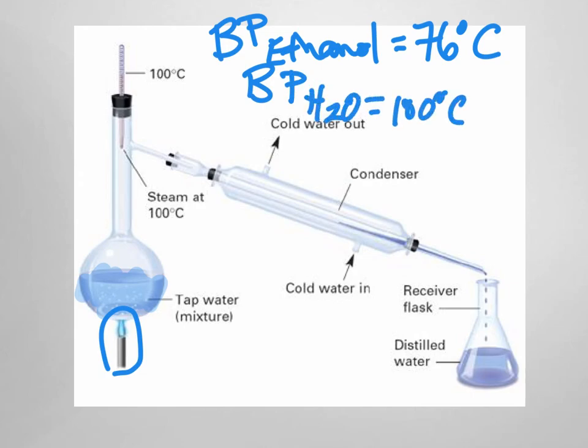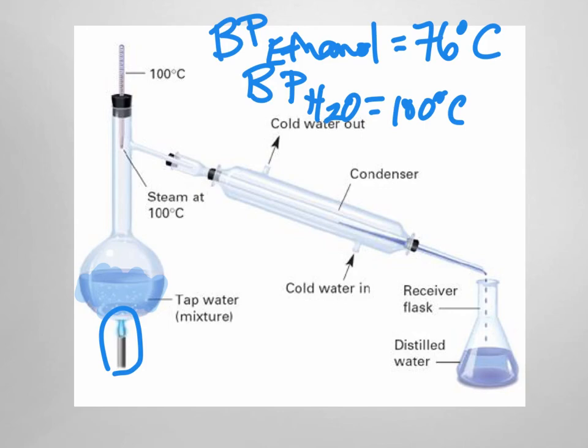Since you've got that 24-degree gap in boiling points, the water molecules will stay in the liquid state at 76 and 77 degrees and so on, but the ethanol molecules will escape.